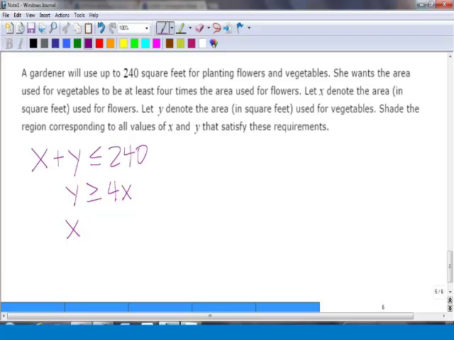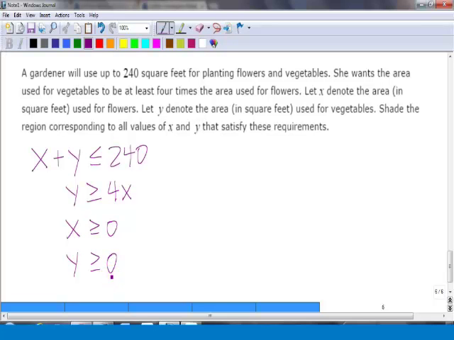That makes sense. We don't want a negative flower area in our garden. So I think that should be greater than or equal to 0. And I think the total area used for vegetables should also not be negative. I think that should be greater than or equal to 0.